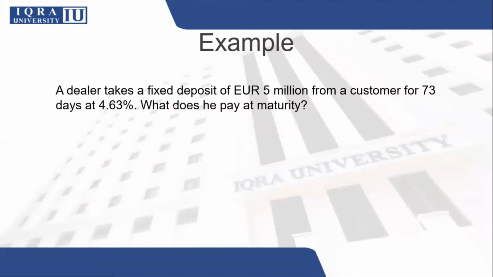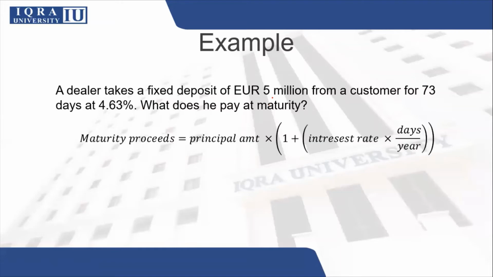So you need to calculate the maturity proceeds. For that, you're going to use the maturity proceeds formula. The principal amount is 5 million. The interest rate is 4.63%, so 0.0463. Days are 73 days, and years. Now, what should be the years?